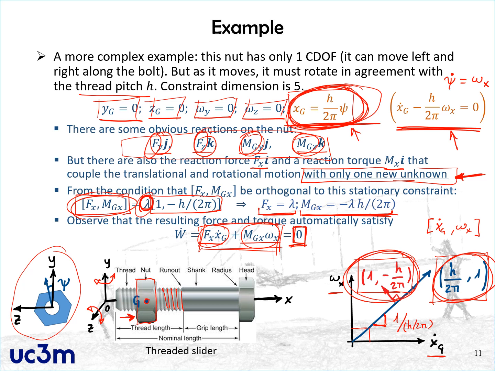And that means that some of the power that you are inputting into the nut will be converted into rotational power, rotational energy. And this is done by the constraint. The constraint does not create or destroy work or energy, but it can allow to convert energy from one mode of motion to another mode of motion, as it is the case here.